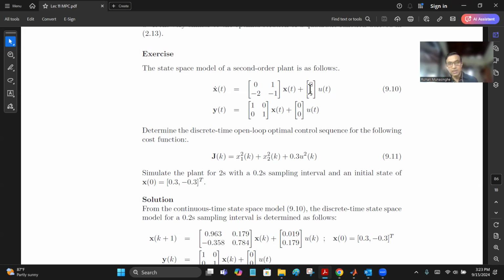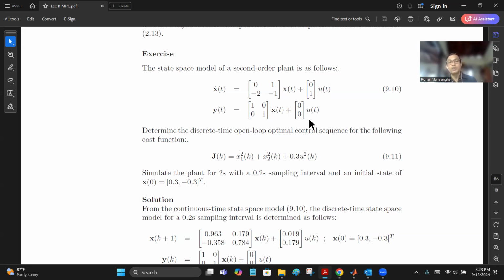Remember the earlier example, you're driving a vehicle, you have your velocity, now you need time to calculate your next position. So time comes over here in this matrix, 0 and 1 over here. So this is continuous time.